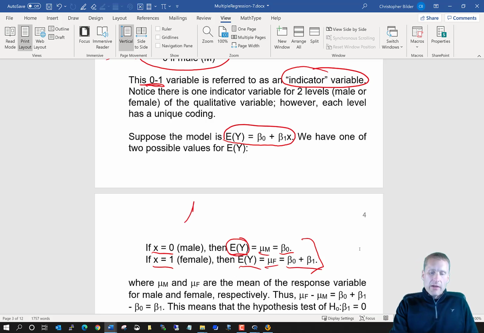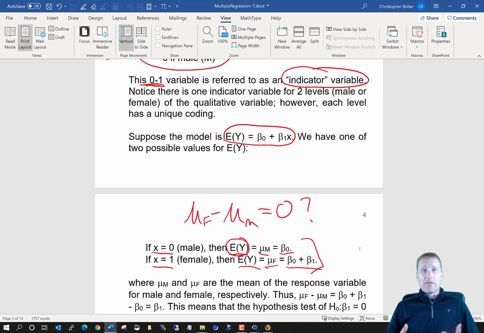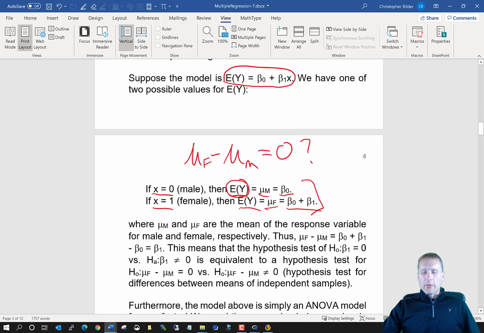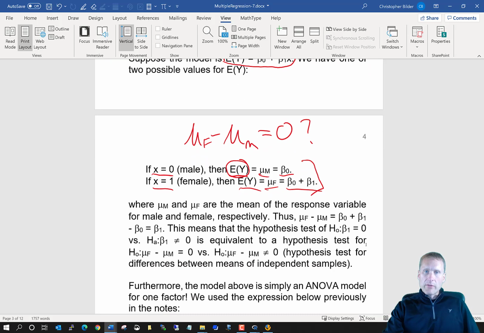And we might be very interested in making a comparison like this, similar to what we've done earlier in this course. Mu f minus mu m, is that equal to 0? Actually do a hypothesis test corresponding to that. If it is equal to 0, it means that they're equal. Well, notice though what this is equivalent to now with respect to a regression model.